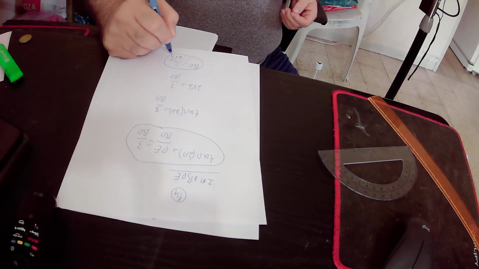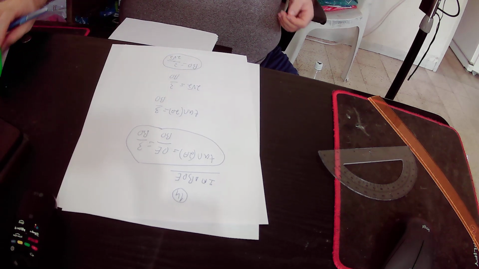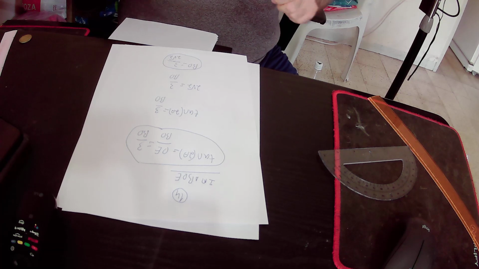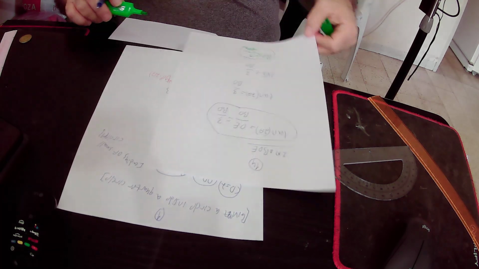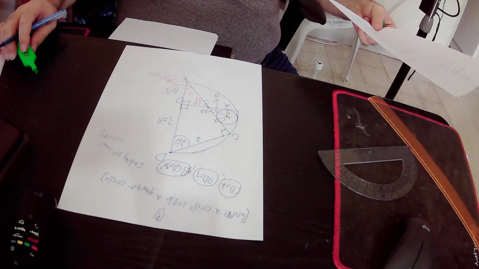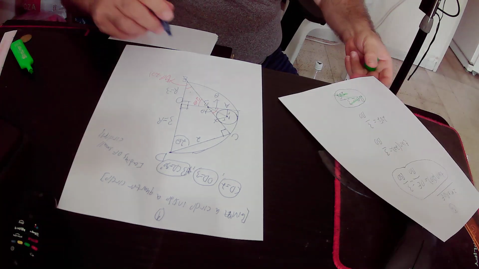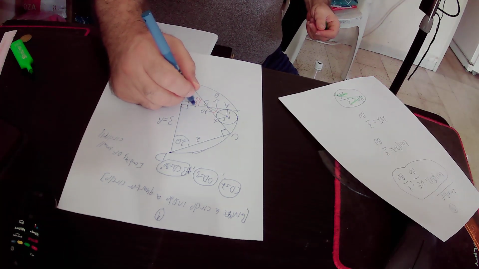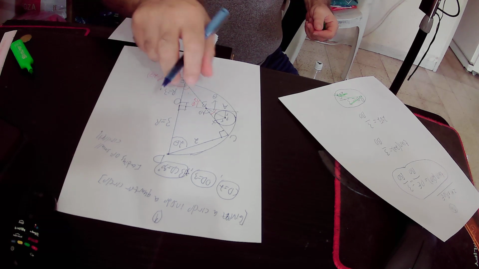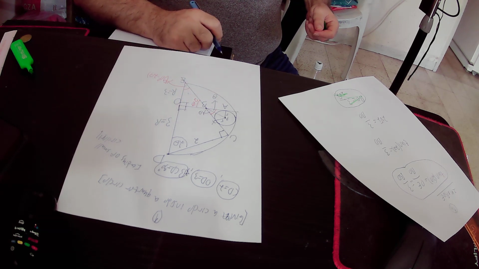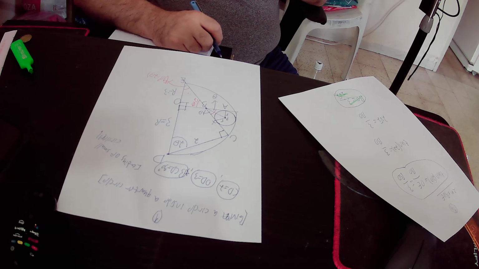Okay, the size of BO is 3 over 2 times root 2.